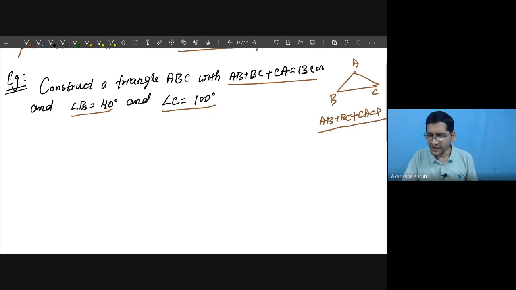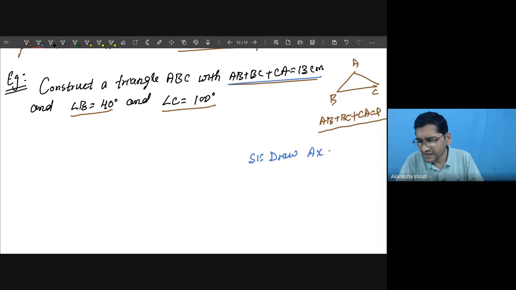So how to construct? Very first, you have to take the sum of the three sides, that much length you have to take. So our step number one is: draw AX equal to 13 centimeter.